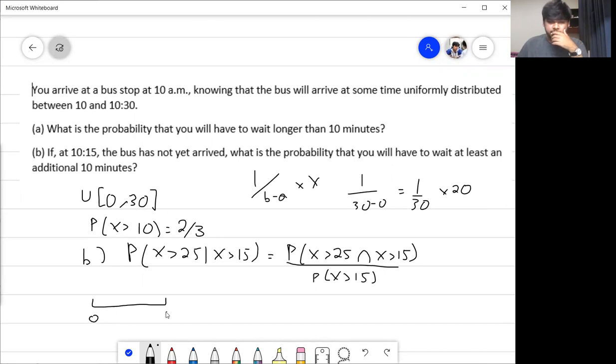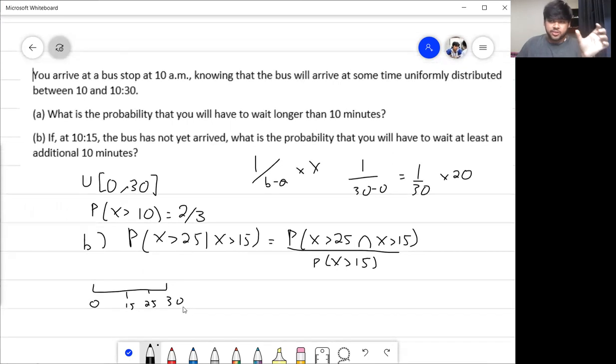I know it goes from 0 till 30, right? Here 15 comes in and here 25 comes in, right? So what are the ranges of values that are greater than 25 and greater than 15? It's essentially greater than 25, because the question says it.